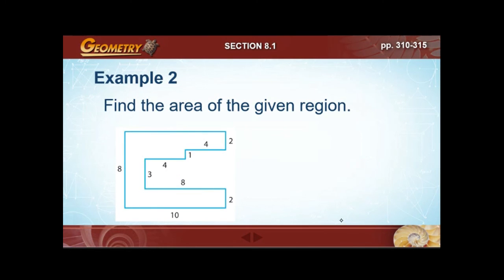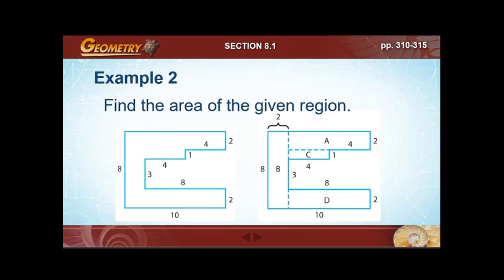It says, find the area of the given region. Okay, and so we have all these lengths here of the different sides, but this wouldn't fit into the area formulas that we've been given already, because it's not a square, it's not a rectangle, but it is made up of squares and rectangles. And so we can subdivide this into multiple rectangles and figure out the area.